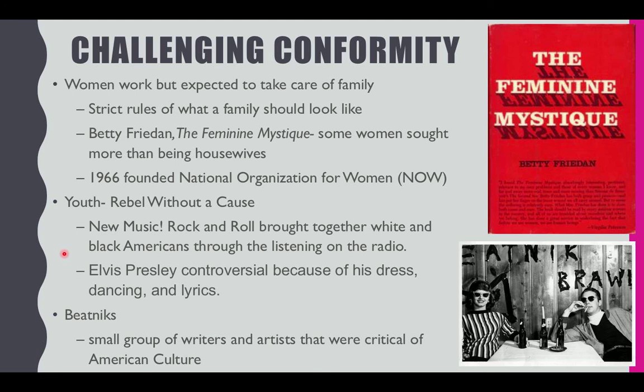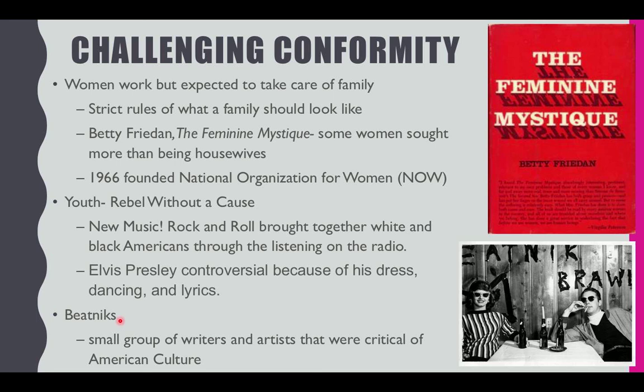Elvis Presley coming out during this time, being super controversial because of how he dressed. Oh my God, the dancing and the lyrics of his songs, pushing people to say teenagers can go out and dance. They don't have to wear those perfect little outfits and do everything that their mom and dad tells them to. Let them go to a concert. Oh my goodness, could you imagine?